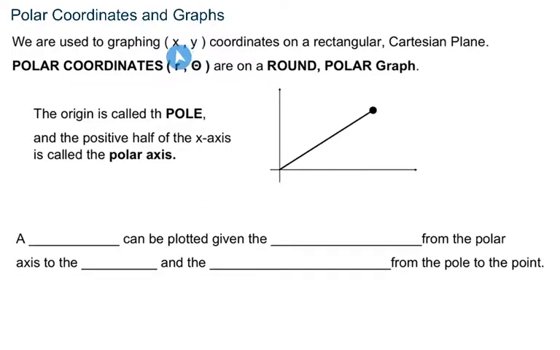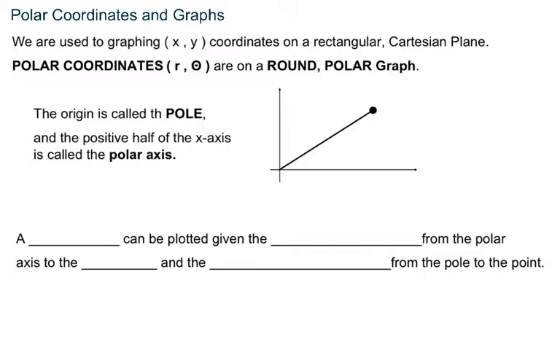So instead of X and Y with polar coordinates, we talk about R and theta. Just like X, Y is an ordered pair, polar coordinates are an ordered pair as well. R comes first, theta comes second. So polar coordinates, generally we draw them on a polar graph.